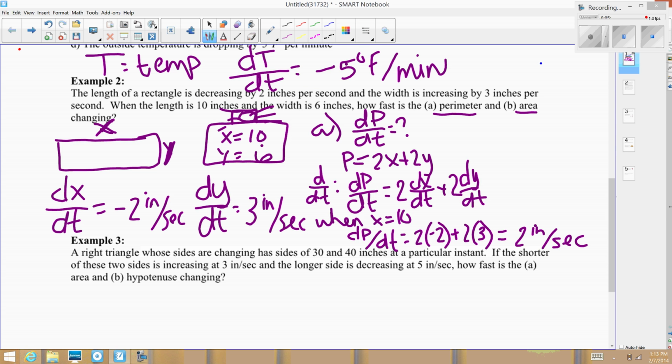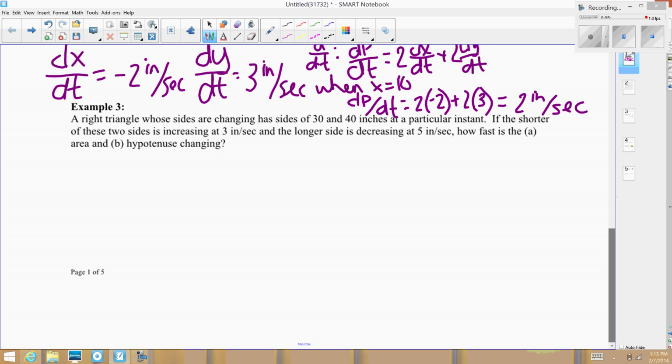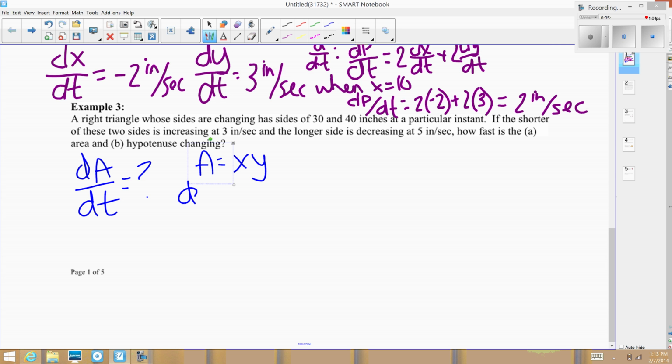Now, how fast is the area changing? So for part B, we're trying to find dA/dt. Yeah, I'm not going to have enough room. I'll put it in the bottom. Okay, so dA/dt. Well, we need to find the area first, right? That'd just be x times y. So dA/dt equals the first times the derivative of the second plus the second times the derivative of the first.